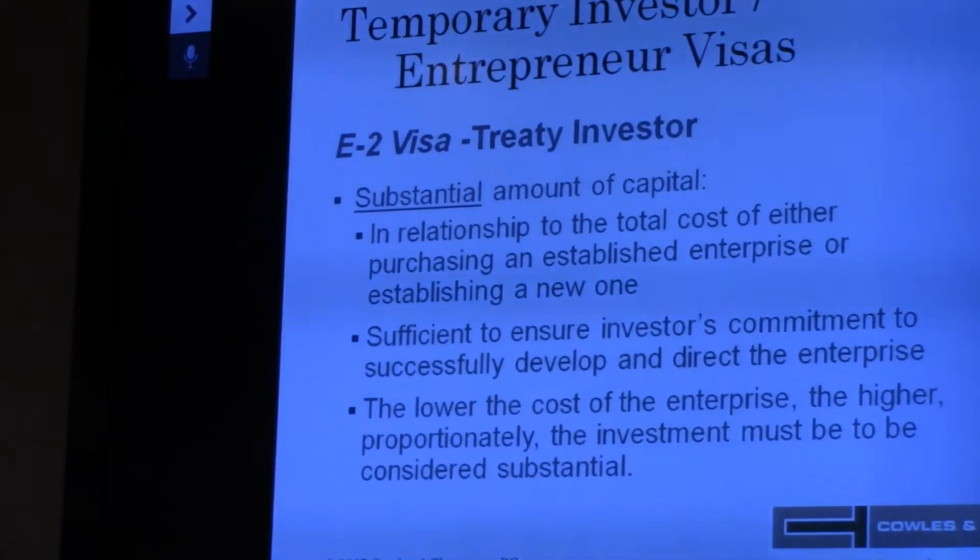But if you're saying, well, I provide accounting services, and I'm going to open my office, and to open my office and offer my services, the first year, I don't believe I have to invest more than $50,000, in a total of maybe $200,000 in a number of years. That might be reasonable, right? Because your services are your value. So it depends as to what type of business you're going to get into.